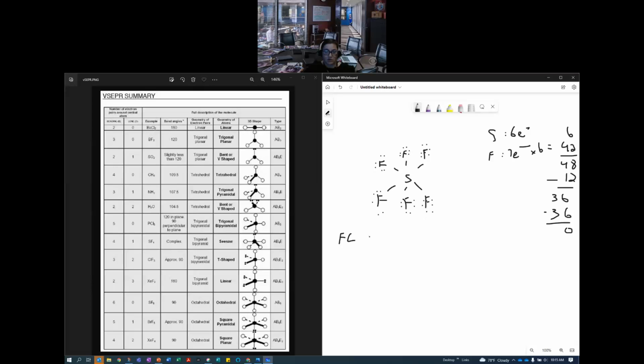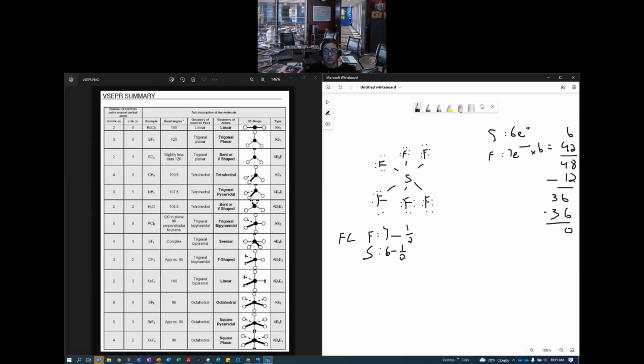If I do my formal charge for F and for S, S is 6 valence electrons. F has 7. And subtract half of the bonding in each.